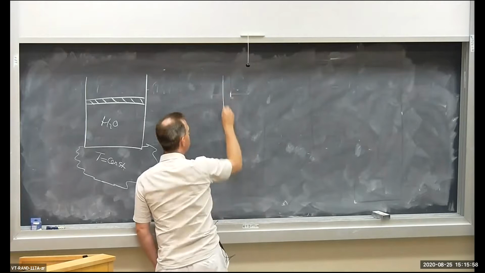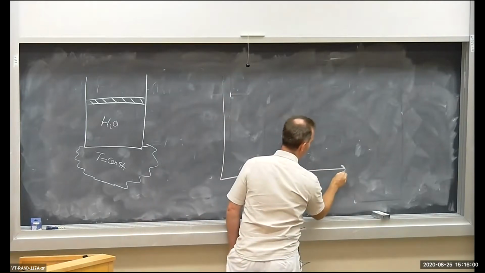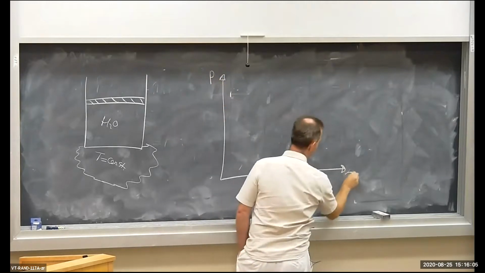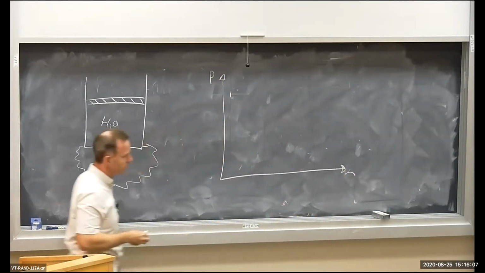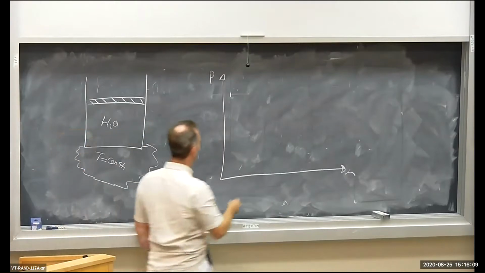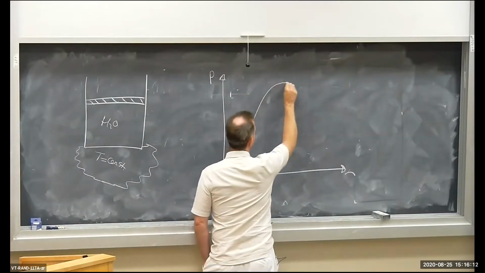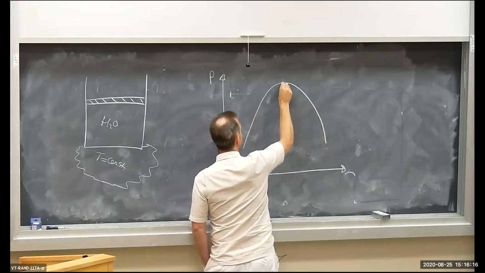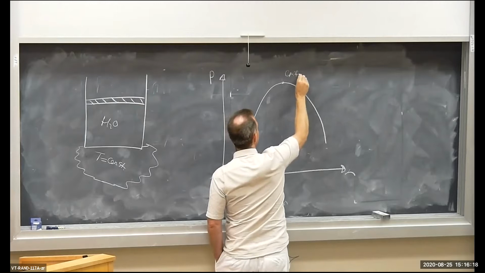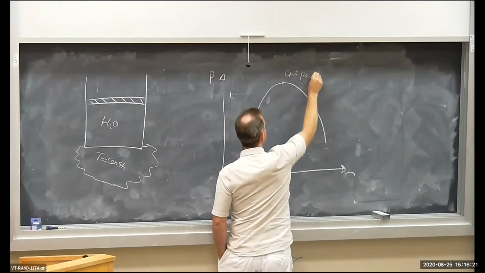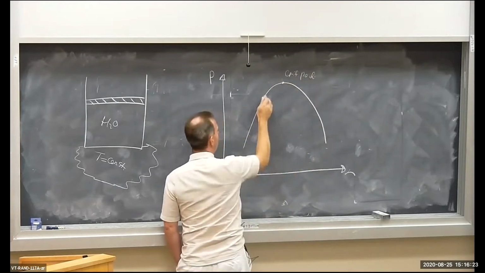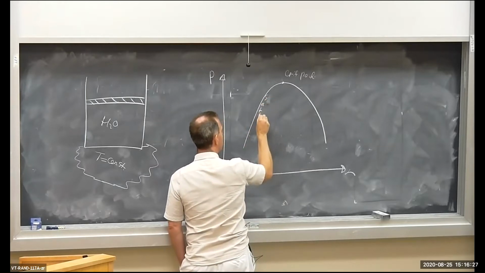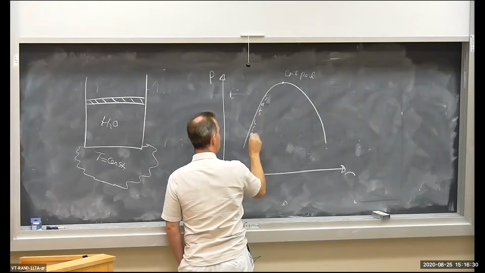And that would have produced a pressure-specific volume diagram. Okay? And I would have had a dome, very similar, same shape. Here's the critical point, right up there. Along this side of the dome, I have saturated liquid.